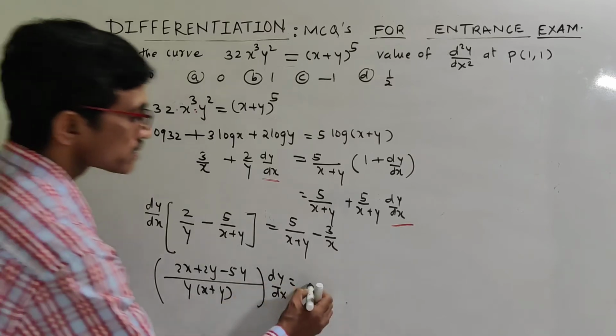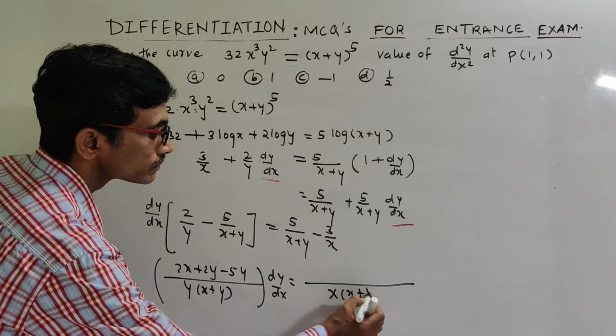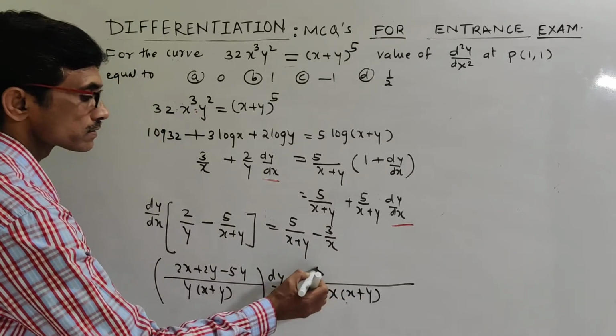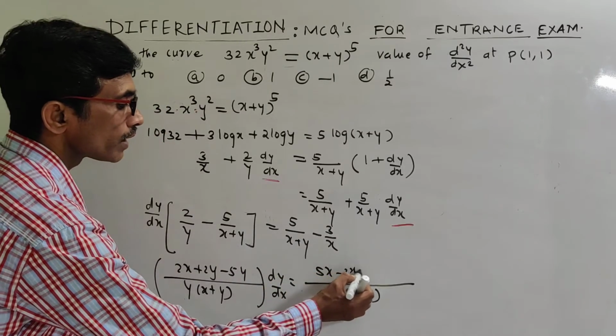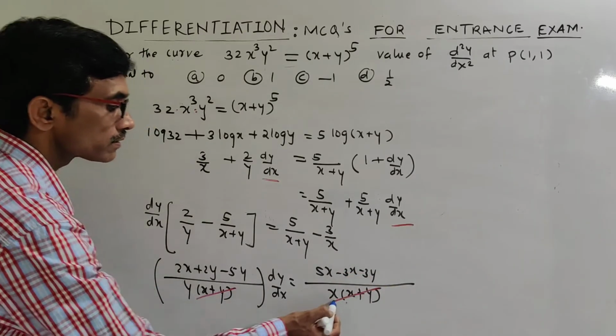right hand side is x plus y into x, 5x minus 3x minus 3y. Now this x plus y is getting cancelled.